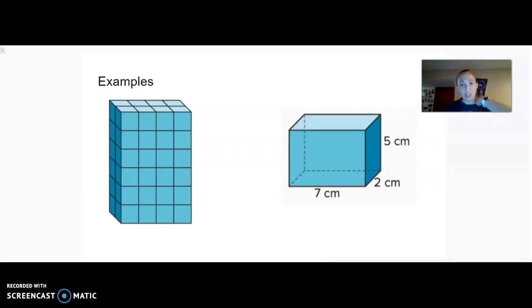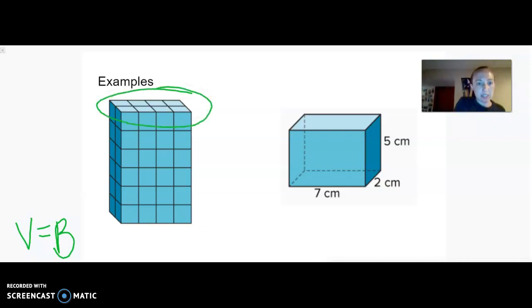So we'll do some more examples if that still feels confusing. The first one we'll do together, then I'll have you try the second one and see if you got it. So I want to find the volume. We're going to find the area of the base, or how many cubes are in the base. Now remember, we can't really see the base very well, so we can look at the top layer because it's the same.